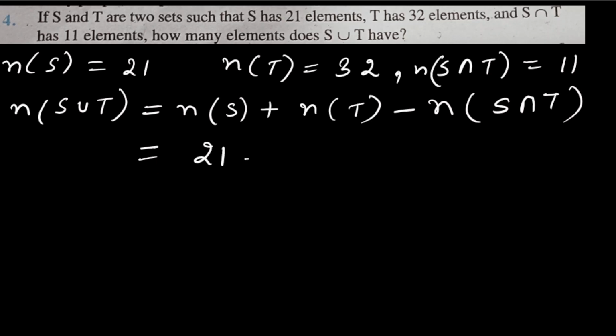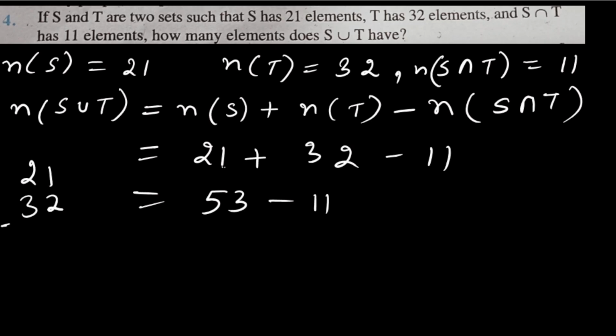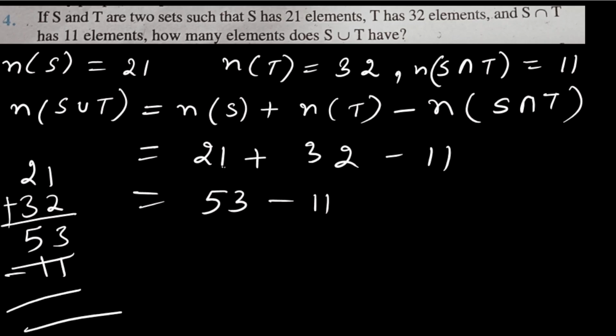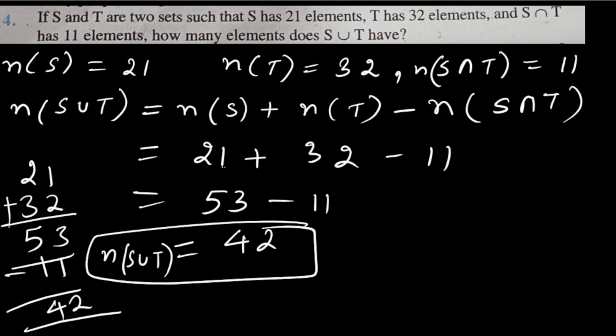So n(S union T) is 21 plus 32 minus 11. 21 plus 32 is 53. 53 minus 11, let's double check. 21 plus 32, okay, 53. 53 minus 11: 3 minus 1 is 2, and 5 minus 1 is 4. So their union is equal to 42. The number of elements of S union T is 42.